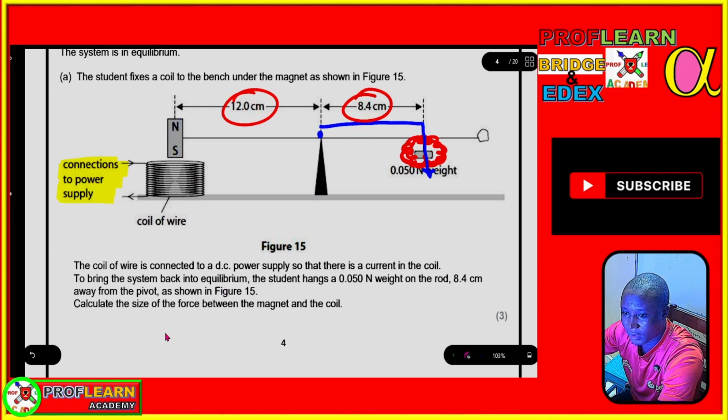So we can say F times 12 is equal to 0.05 times 8.4.